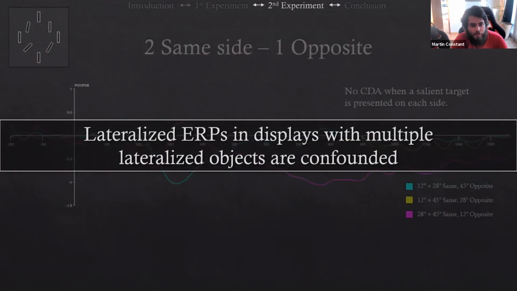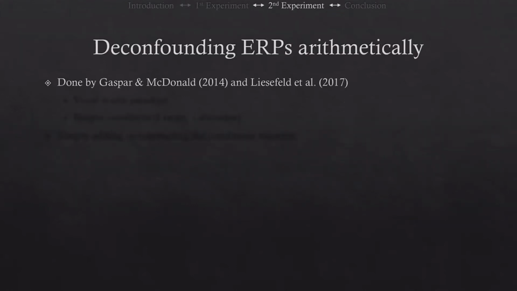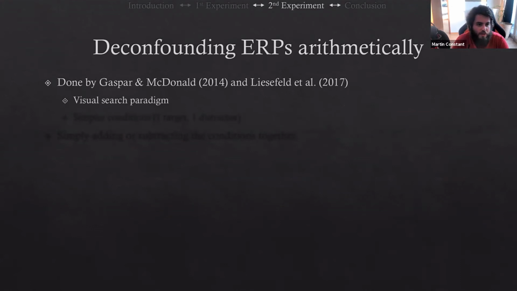So the takeaway from this is that lateralized ERPs in displays with multiple lateralized objects are self-confounded. And we tried something to deconfound the ERPs arithmetically. This has been done by Gaspar and McDonald and Lisofeld and colleagues before, but this was in simpler visual search paradigms, with simpler conditions, usually one target, one distractor, and it was not applied to working memory data.